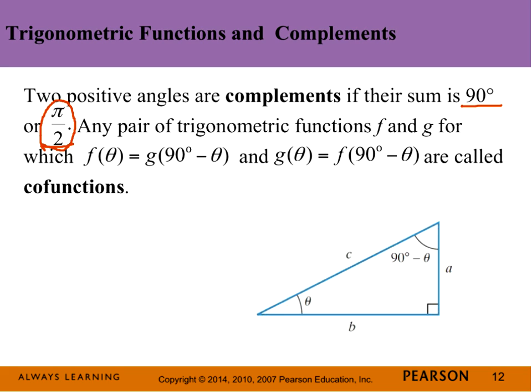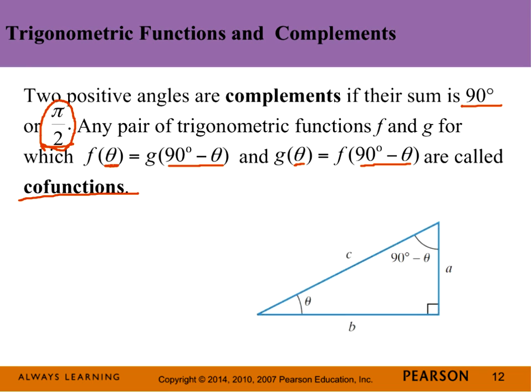Any pair of trigonometric functions, f and g, for which f of theta equals g of 90 minus theta, or if you flip it and say g of theta is equal to f of 90 minus theta, these things are called cofunctions, and that's a blank on your notes right there.